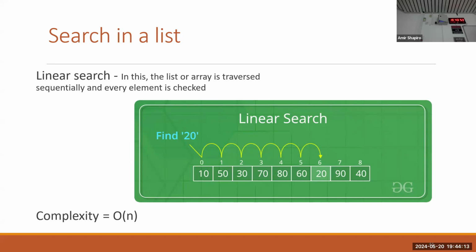If yes, then stop. If not, continue to the next one. So this is a linear search. The complexity here is the order of the length of the list. In the worst case, we will want to find an item which will be the last one. Then we will have to go over all the items. This is the worst case. Therefore, the complexity is order of n, the length of the list.